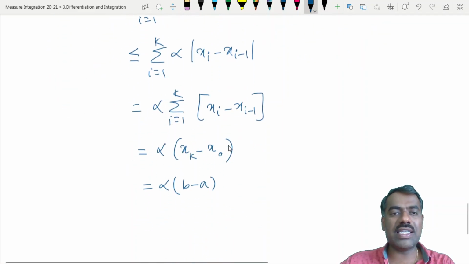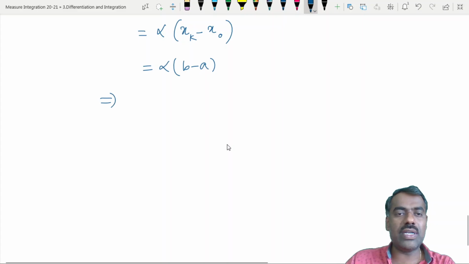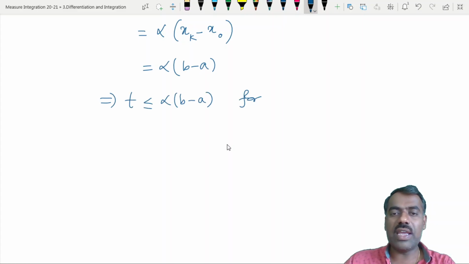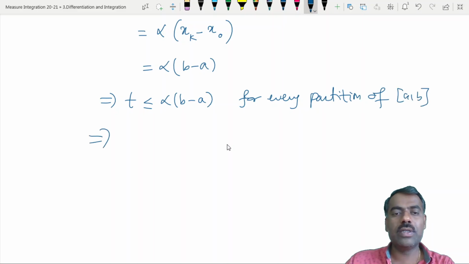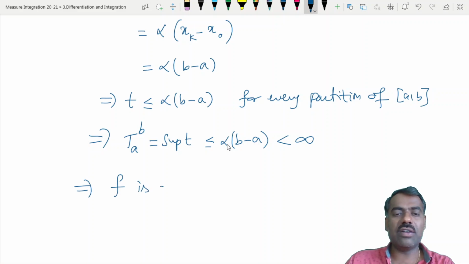So what we have shown is that no matter what partition you take, t is less than or equal to alpha times b minus a, for every partition of a comma b. This implies when you take the supremum, that is capital T a comma b, which is less than or equal to the supremum of t, is also less than or equal to alpha times b minus a, which is finite. This shows that f is of bounded variation.